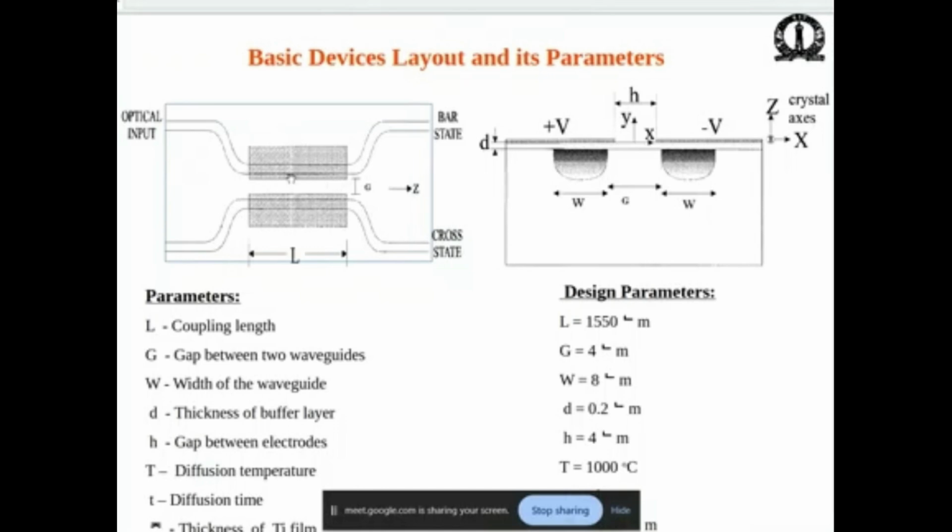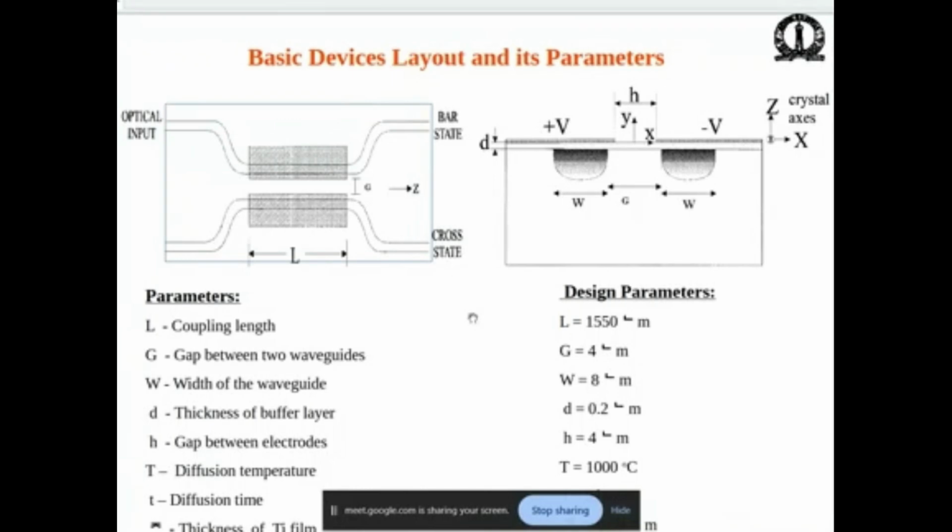When we change the refractive index, it is possible to design such that once again crossover takes place from the second port back to the first port. So the light comes back into the second port and goes back. So you can have a bar state. When there is voltage, you can get a bar state of the switch, and when there is no voltage, you can get crossover. Just imagine two optical signals, S1 and S2, and they can go into a bar state or a crossover state by using this.